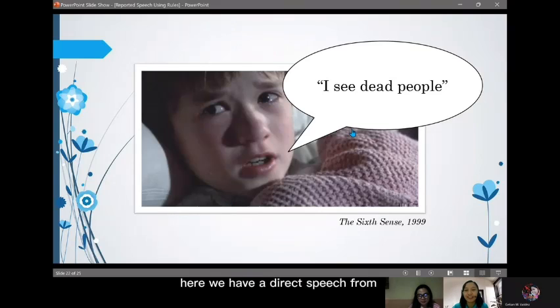Here we have an example of direct speech from the movie The Sixth Sense. So, Lois, what you're going to do here is convert this direct speech into reported speech. Noted. Okay, you may go.